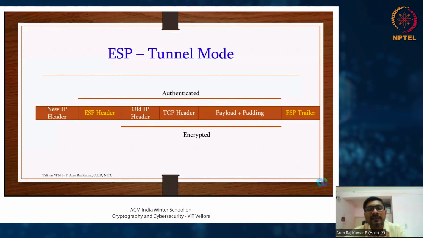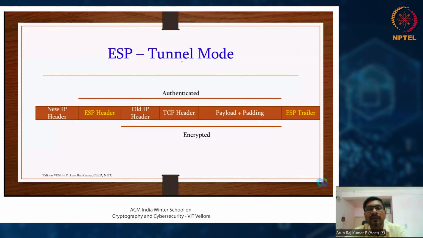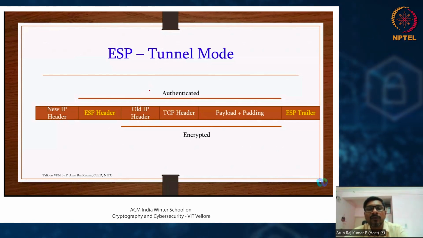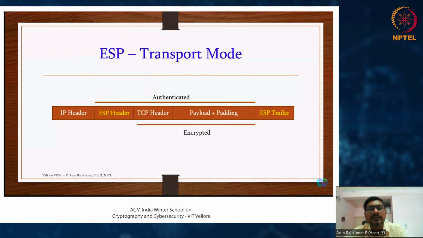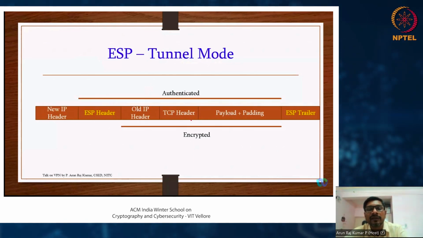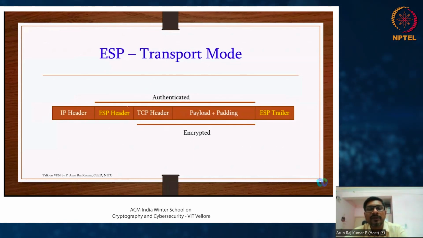So the actual sender and receiver information is completely hidden in tunnel mode, whereas in transport mode it is not hidden. But from the authentication perspective, you can see there is authentication on this, which includes message authentication. Any change in the message can be easily found because they are using the hashing technique.